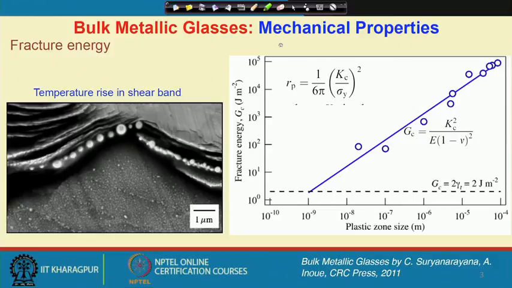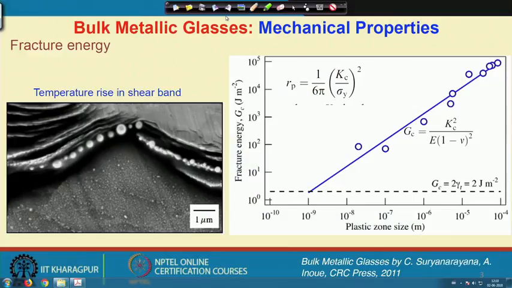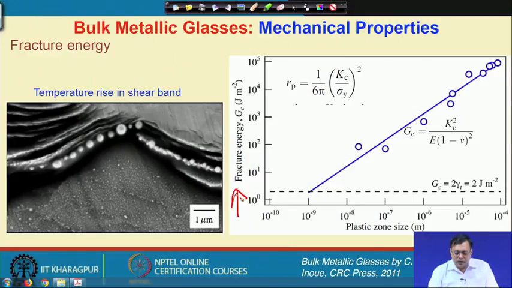Definitely the question will appear of how temperature is related to the formation of these shear bands. Since the deformation and strain are localized, is there any adiabatic heating? One should look at the fracture energy of these bulk glassy solids and also the plastic zone size.